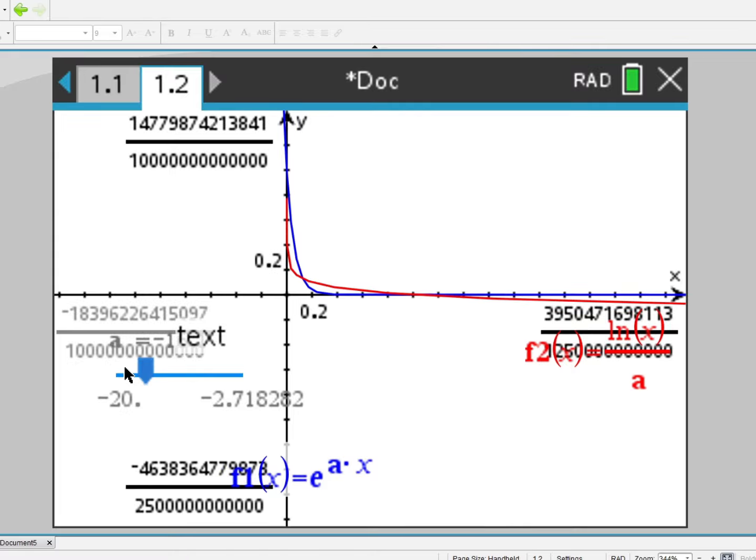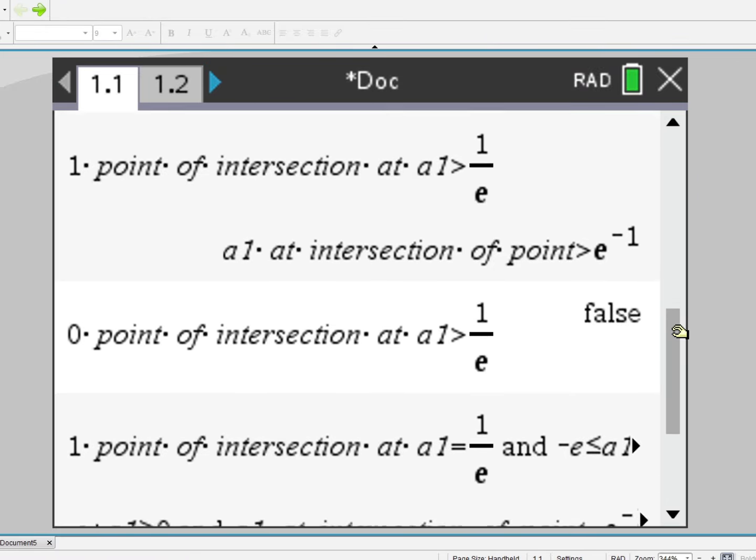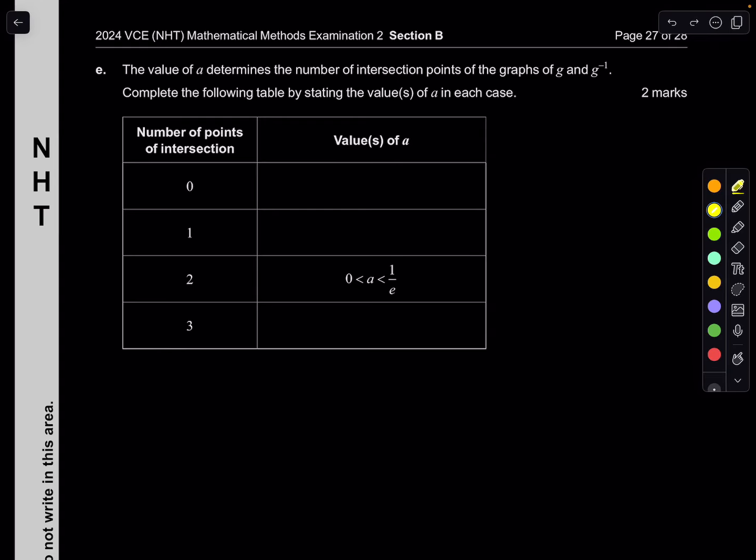We basically analyzed everything, so I'm going to write these down. Let's start with 0 points of intersection. Let's go back to our paper. For 0 points of intersection, we said A was greater than 1 over e. That's right, so A is greater than 1 over e.